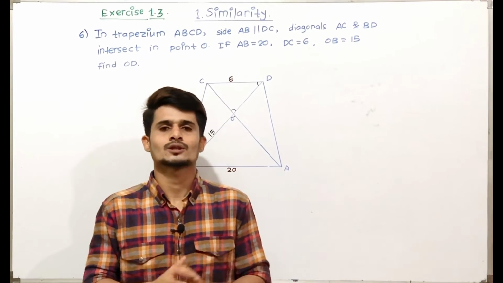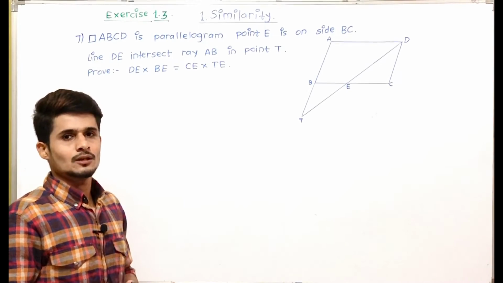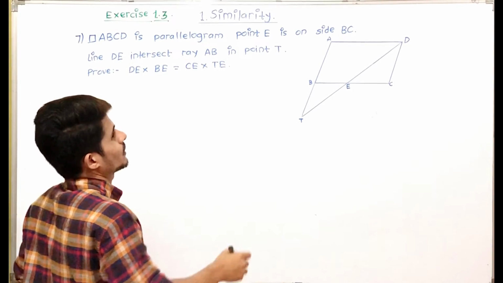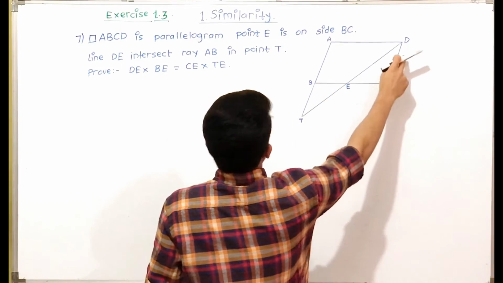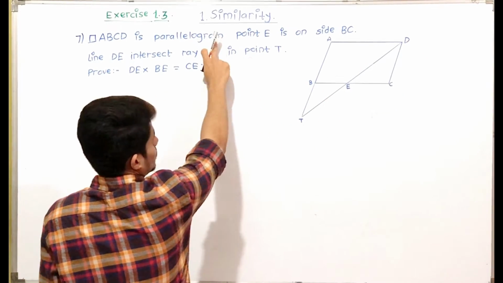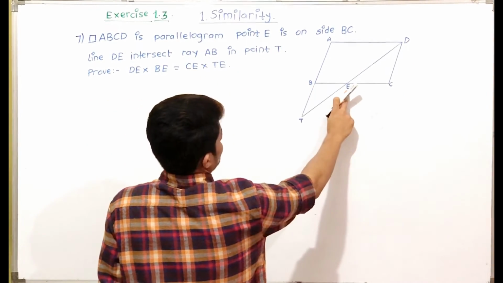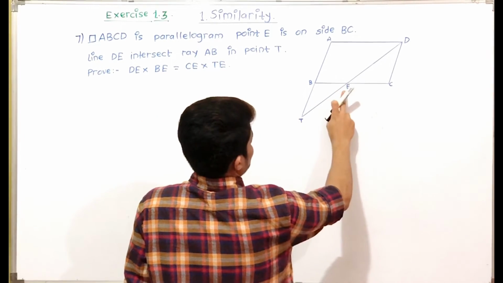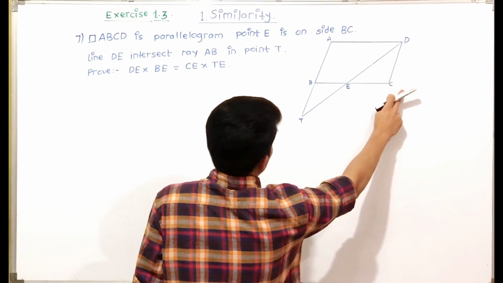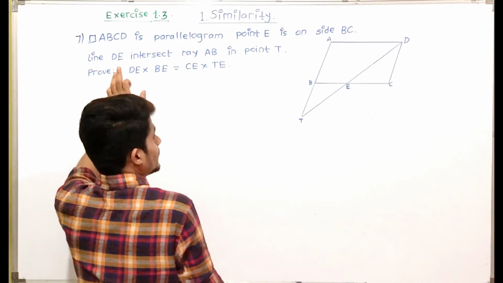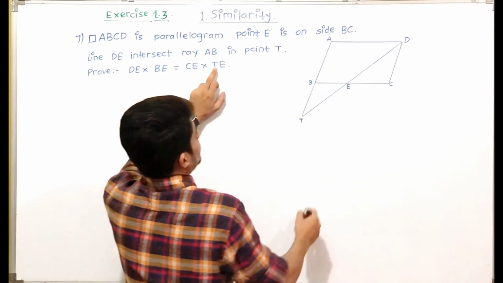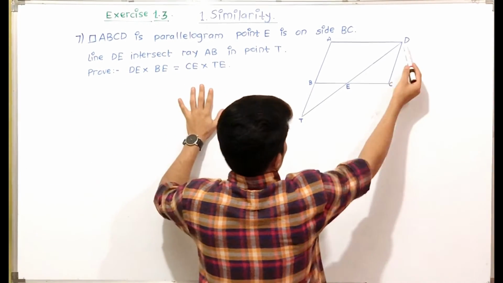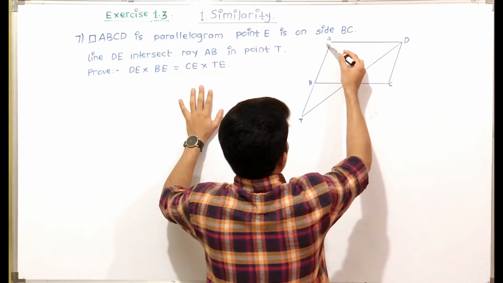Now we'll start with question number 7. Let's see question number 7. Quadrilateral ABCD is a parallelogram. Point E is on side BC. Line DE intersects ray AB.